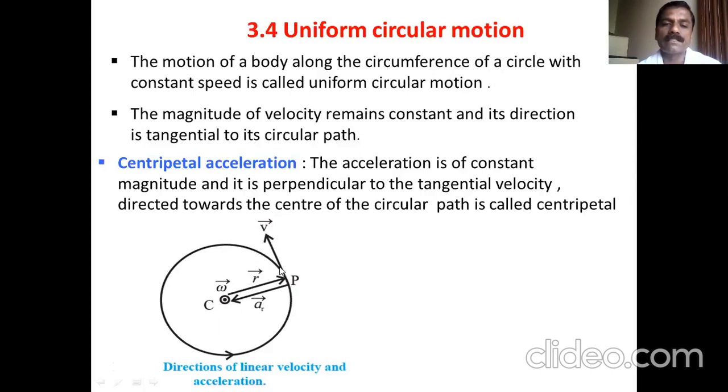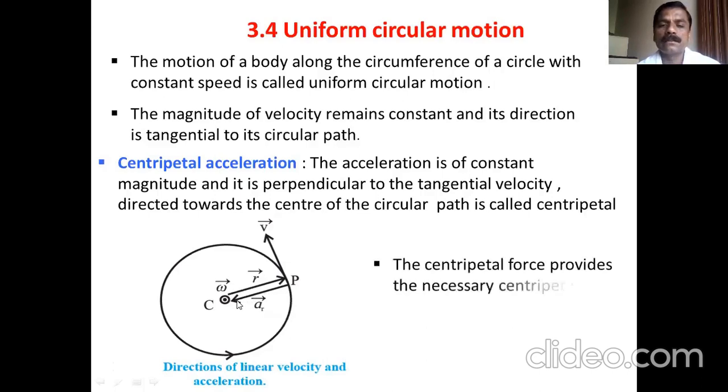This V bar is the tangential velocity. The R bar is nothing but the position or radius vector. This A bar is the radial or centripetal acceleration, which is a vector. It is along the radius and towards the center of the circle.